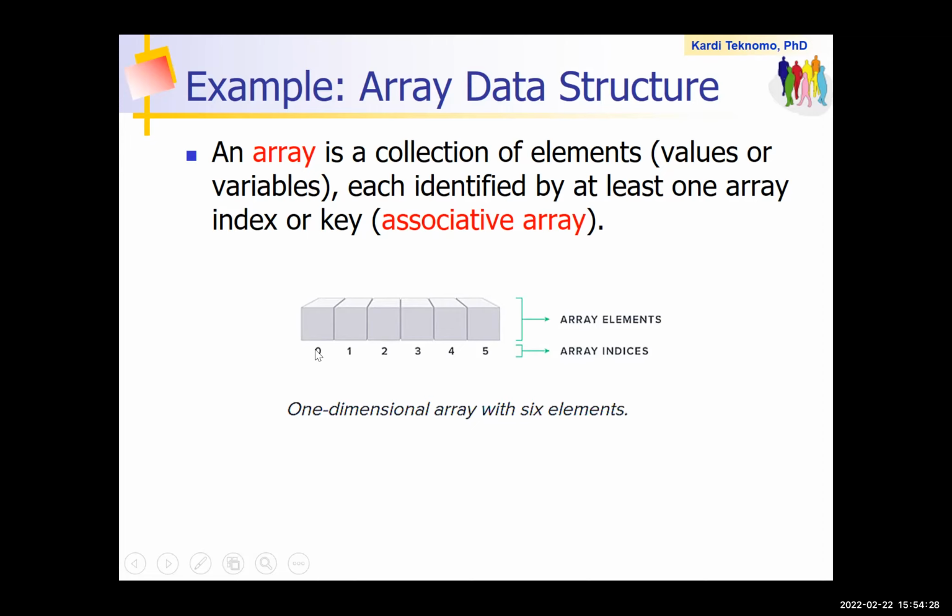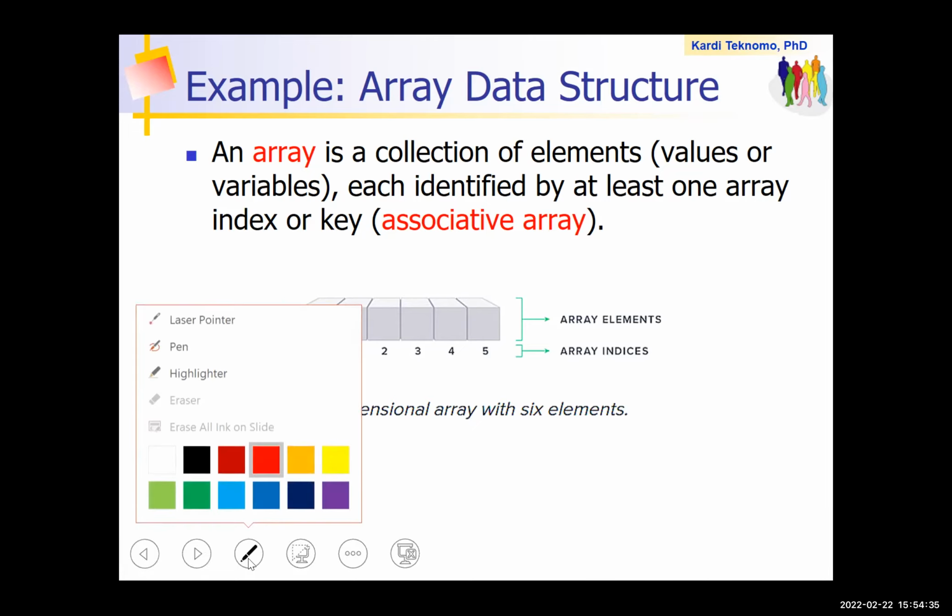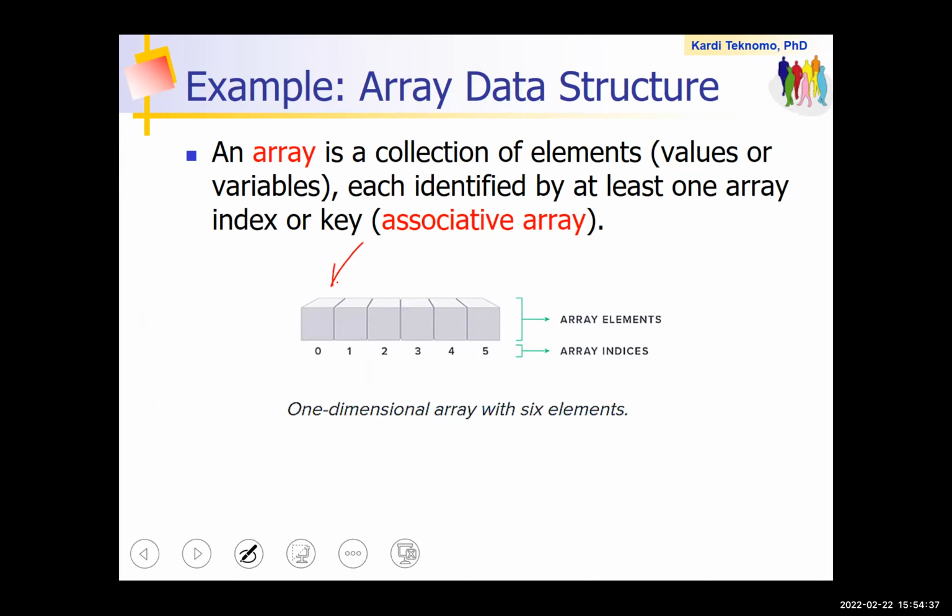If you put array 0, that means it will come out with the value of the first box. If the name of the array is L, and I say L5, it will come out with the value that we store inside L5.